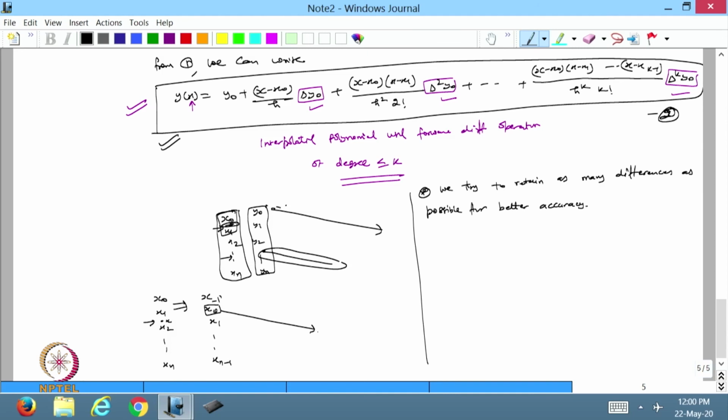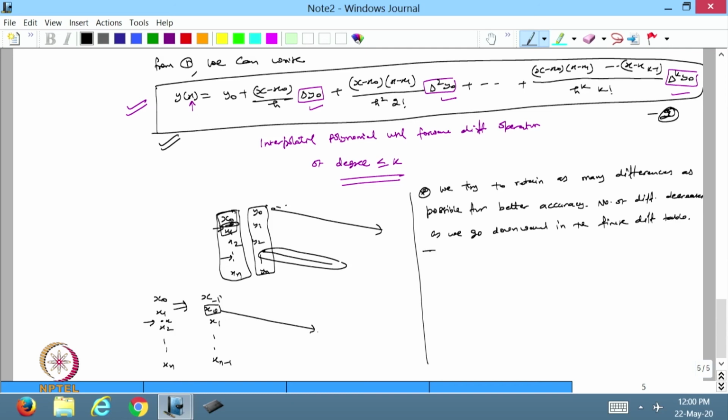The number of differences decreases as we go downward in the finite difference table, as we have just discussed.